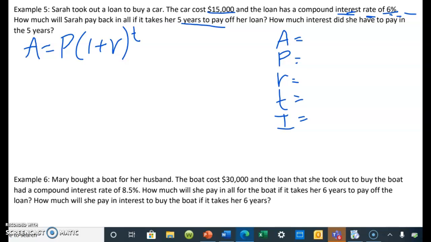All right, so we have our principal, which is $15,000. We have a rate of 6%, which we're going to change to a decimal, so 0.06. Our time is 5 years. I'm going to come and plug it in.